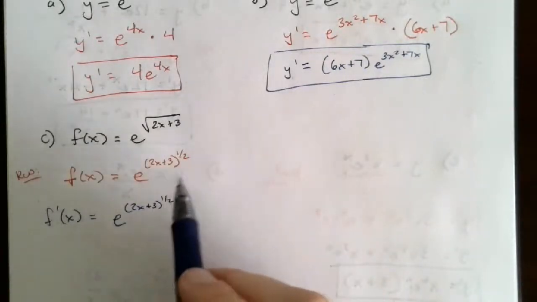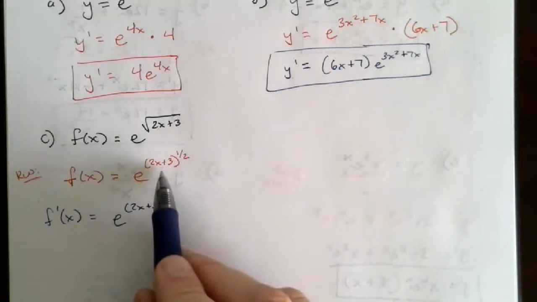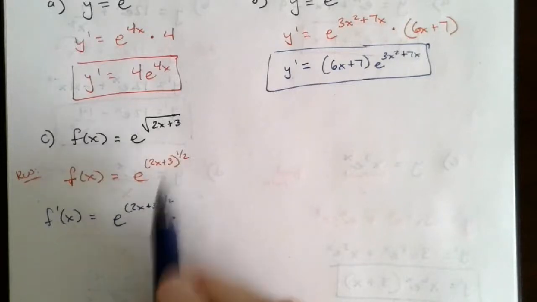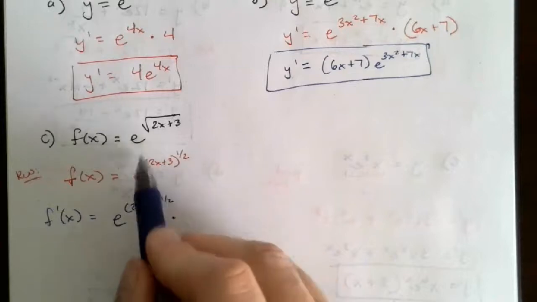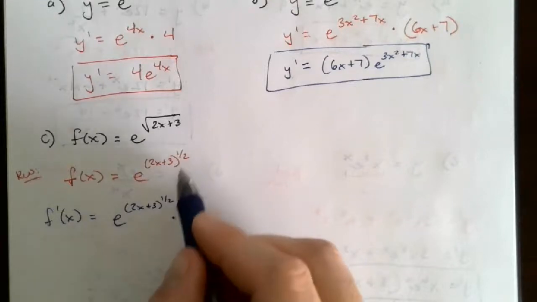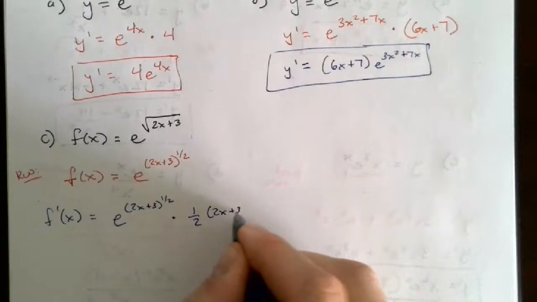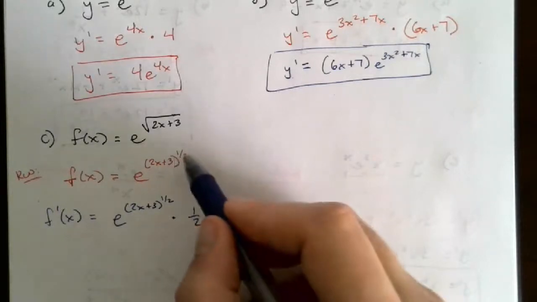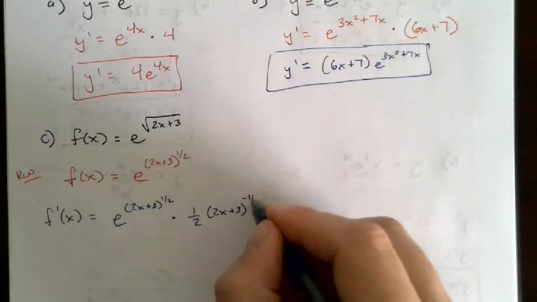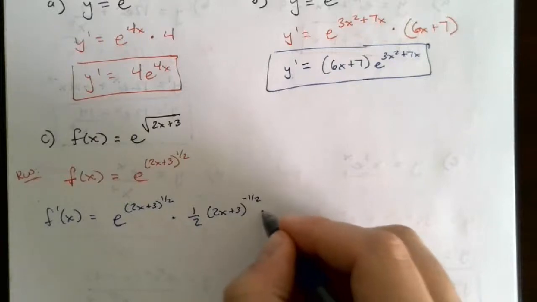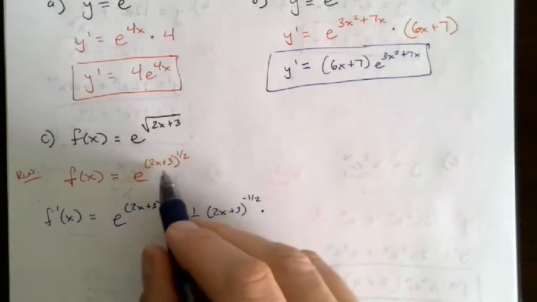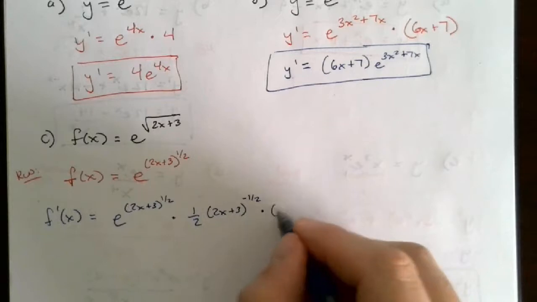The derivative of the exponent here is going to be a chain rule in itself, because you have a function inside of a function. The 1/2 will come down in front, so you would have 1/2 times 2x plus 3, and then subtract 1 from the exponent would be negative 1/2, times the derivative of the inside, so times 2.